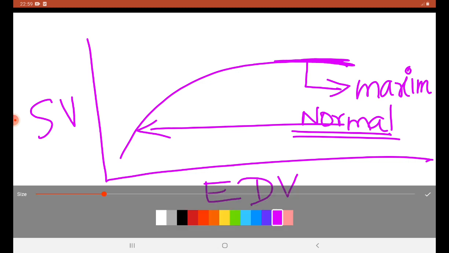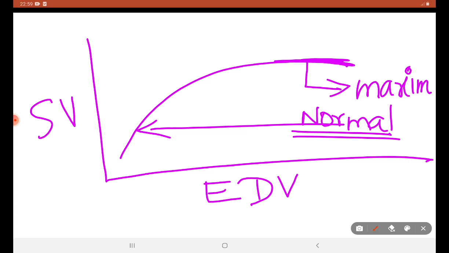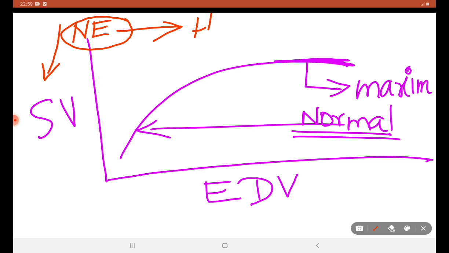In this question, we are asked to find what will happen if it is infused with norepinephrine. Norepinephrine is actually a hormone from the adrenal medulla, and can also act as a neurotransmitter. It is from the sympathetic system that increases heart rate.